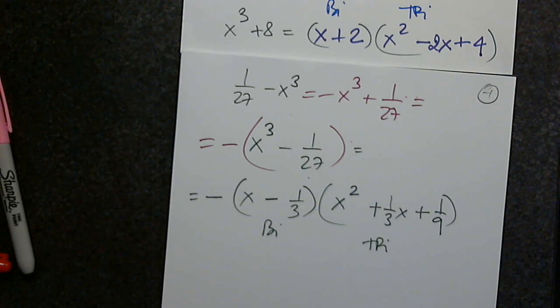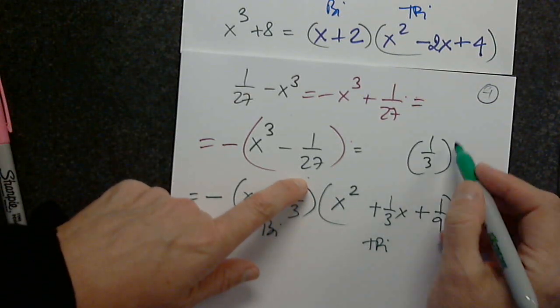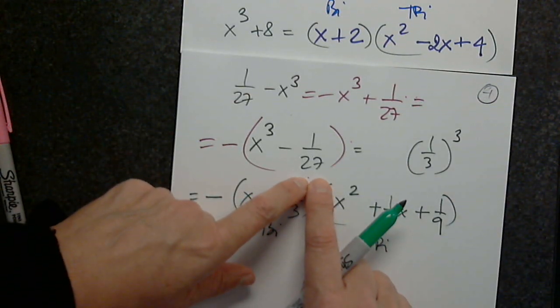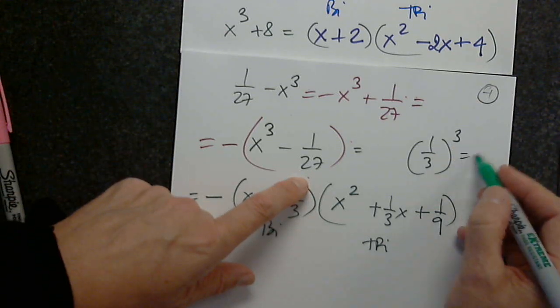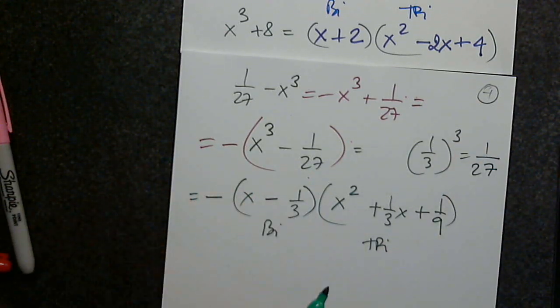Moving on to trinomials. The only thing I didn't understand is how you got 1/3 x. Because I know that 1/3 to the third power is 1/27. 1 to the third is 1, 3 to the third is 27. Is that better?